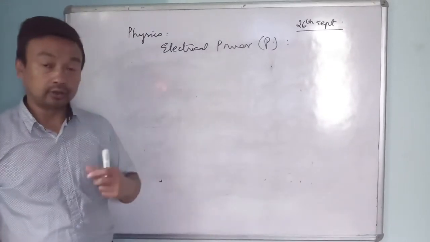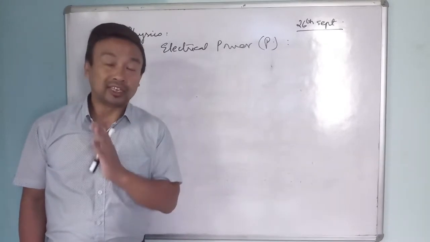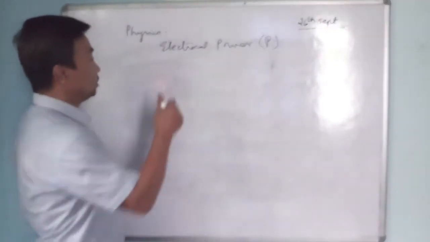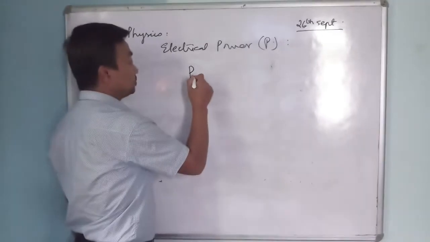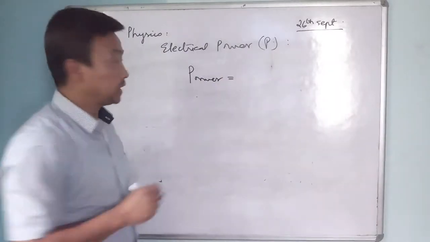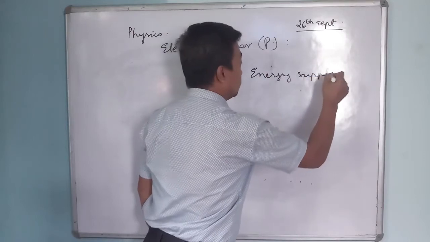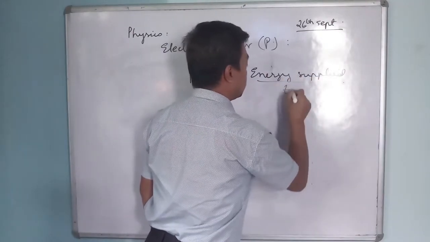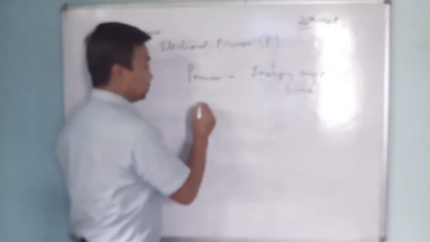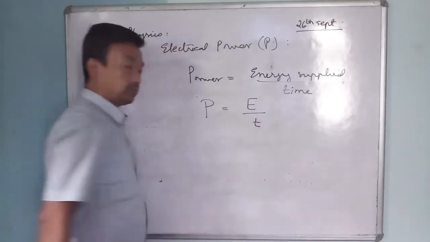At what rate the electrical energy is supplied. So it is the rate of supply of electrical energy by the source. Source basically is the cell. So electrical power is defined as the energy supplied by the source upon the time. The rate is always expressed in terms of time. So electrical power is given by P, energy supplied is given by E, and the time is given by small t.